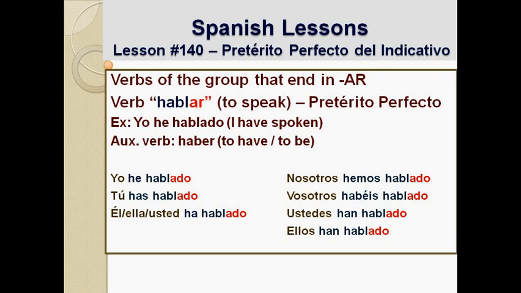This remains the same for all the persons or for all the subject pronouns, okay? Hablado, hablado, hablado, hablado, okay? Remember also that usted means you, but it is the formal you. And vosotros and ustedes are synonyms. They mean you plural, okay?